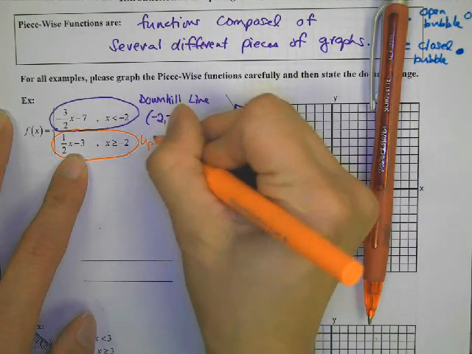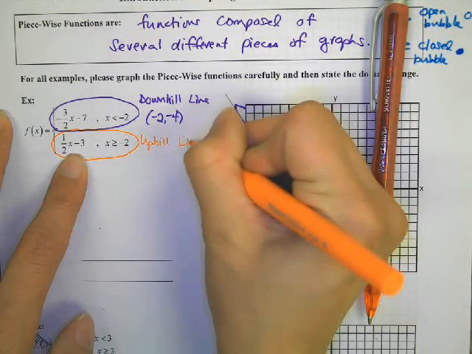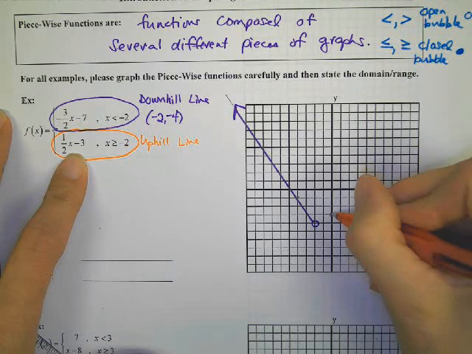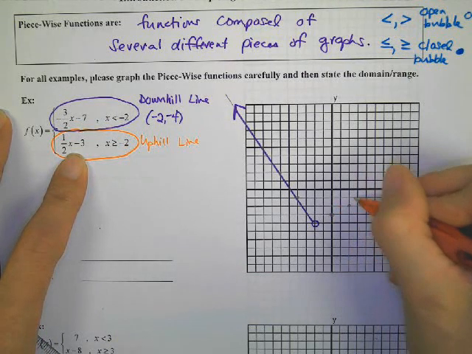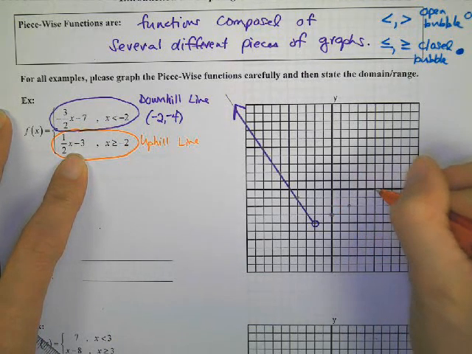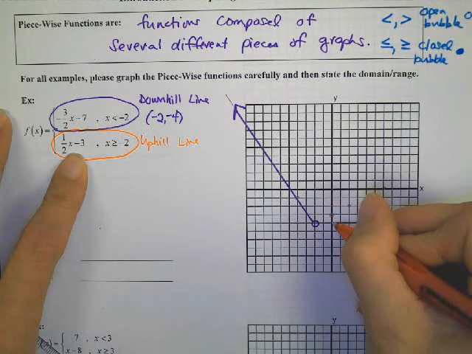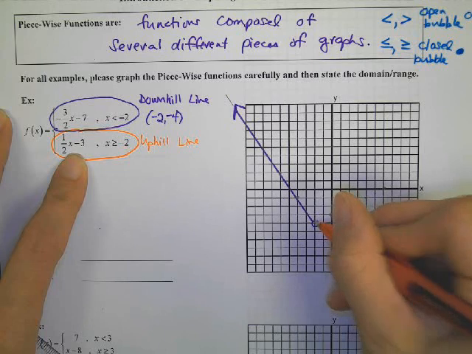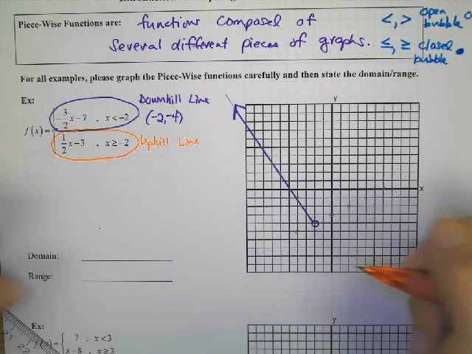Up 1 over 2, up 1 over 2. What happens if I go down 1, left 2? Well, I'm right there in that bubble, so I better make sure I take care of that. I'm just going to draw a nice light line with my pencil. The lighter the better, because you're going to have to erase half of it anyway.